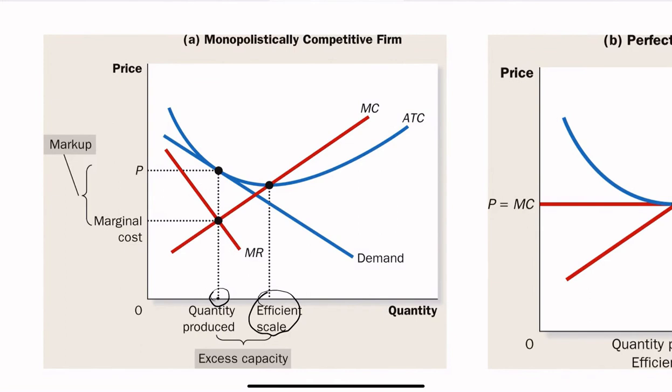So this basically means that even though the firm has the production capacity, the firm is not minimizing its average total cost. So this implies that there is some production capacity unutilized, right? So there is this excess capacity.